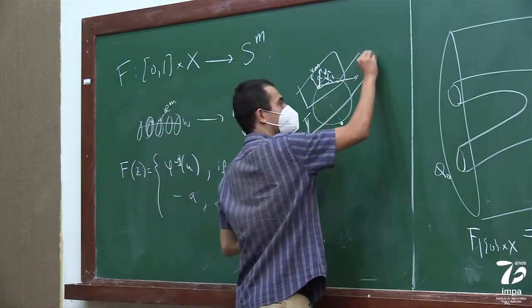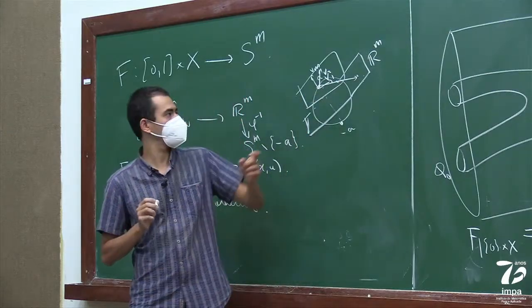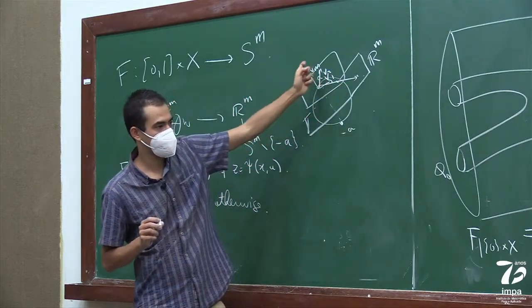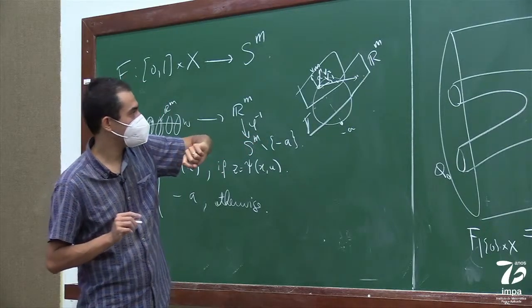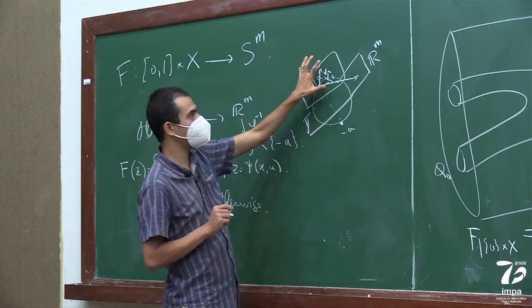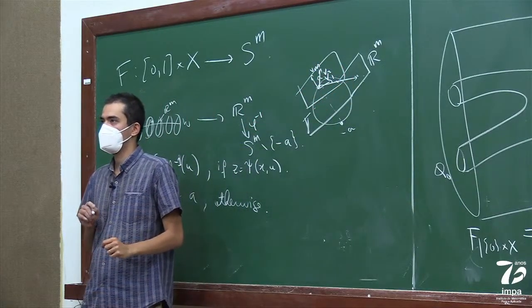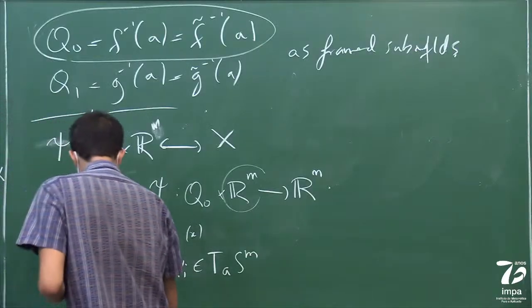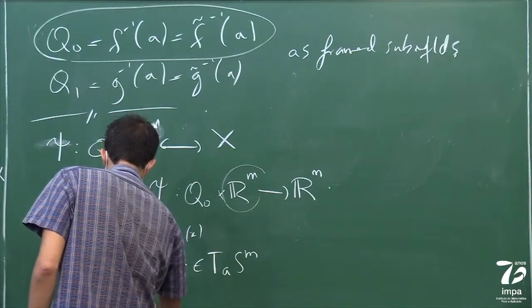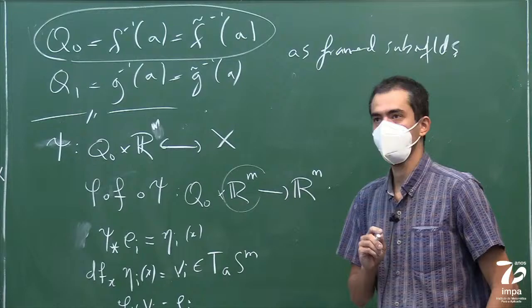So I might as well pick the basis that's the image of the canonical basis of Rm. When I look at the derivative of the stereographic projection map, or the inverse in this case, I can just pick the basis that's going to go exactly to the canonical basis of Rm. So by making this choice, I can suppose that phi star of Vi is the canonical basis of Rm.